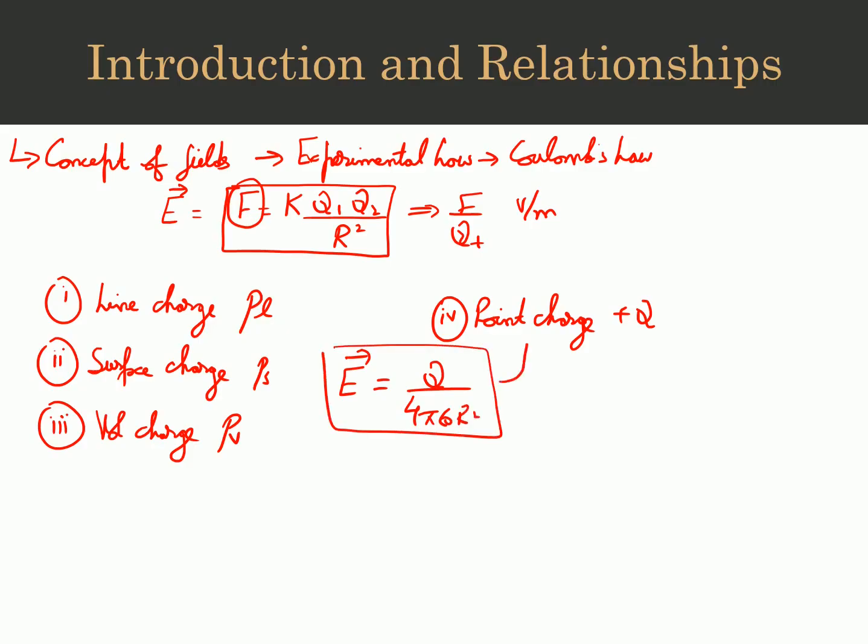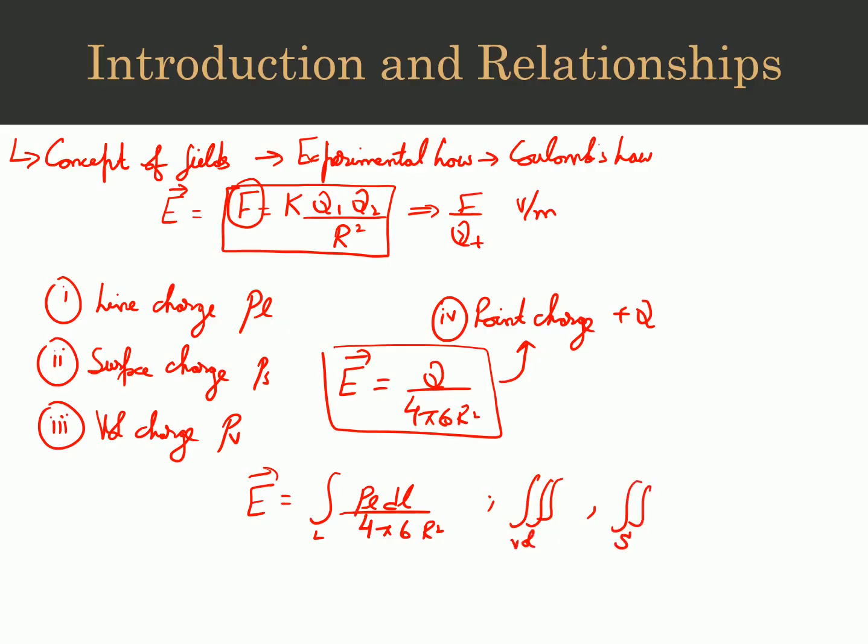So this represented the equation for the point charge, and for the continuous charges we had the integral, let's say for a line charge, rho L dl divided by 4 pi epsilon r square. If we had a volume charge, then it was a triple integral, and for the surface charge we had a double integral.